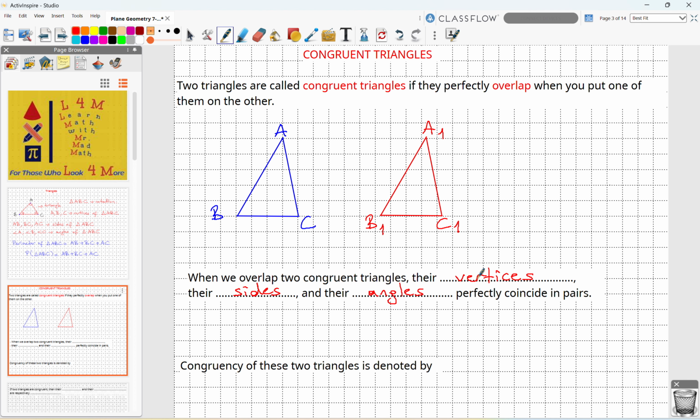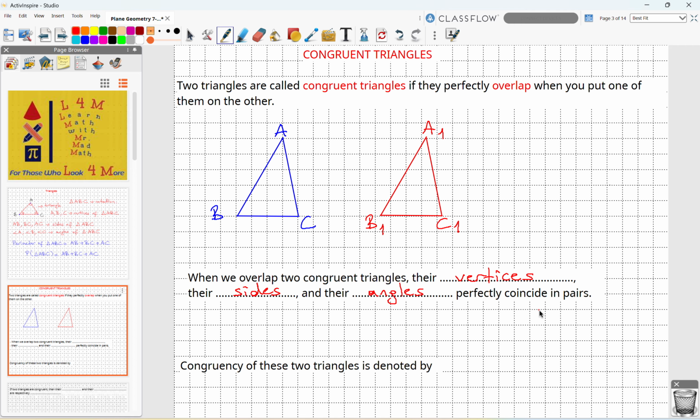So, for example, the vertices A and A1, B and B1, C and C1 perfectly coincide in pairs. Side AB and side A1B1, AC and A1C1, BC and B1C1 perfectly coincide in pairs. And similarly, angle A and angle A1, B and B1, C and C1 perfectly coincide in pairs.